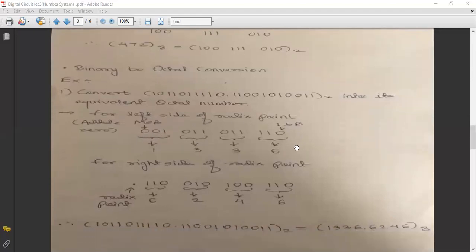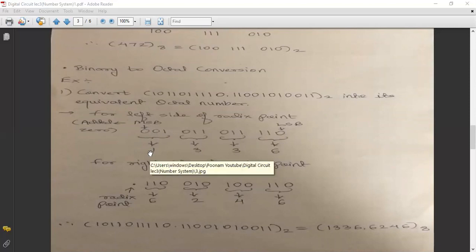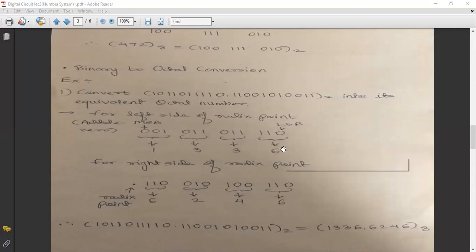So now we are going to write its equivalent octal form. Okay, so 011 is nothing but 3, 110 is nothing but 6, 110 is nothing but 6, and 001 is nothing but 1. So what we have done, we have converted this left portion into its octal equivalent.